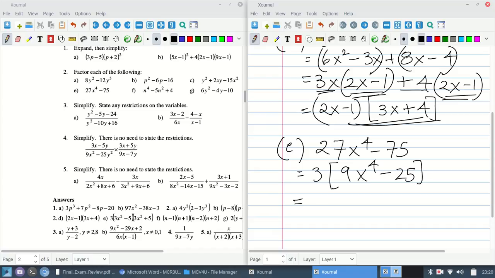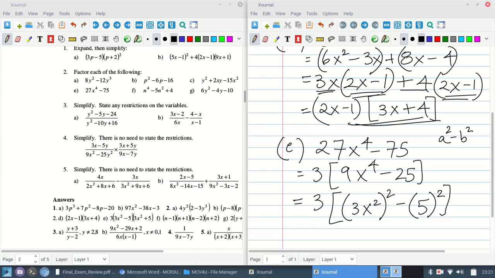Now, 9 is a perfect square. 25 is a perfect square, but so is x to the 4, because x to the 4 can be written as x squared squared. So I'm going to rewrite this really quick. This is going to be 3x squared squared. That's 9x to the 4. And this is 5 squared. Now I can use a difference of squares formula.